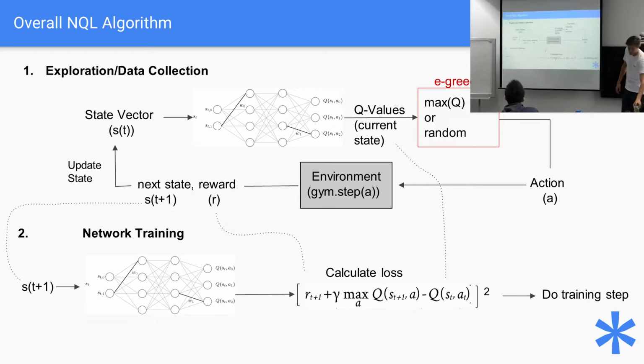But there is an interesting thing that we can straight away see from this that is worth talking about. We're doing our exploration data collection at one stage, and then we're going to train the network at the other stage, right? But these two neural networks are the same. So we're using a neural network to generate data, that is, to generate our exploration policies and collect data from the environment.